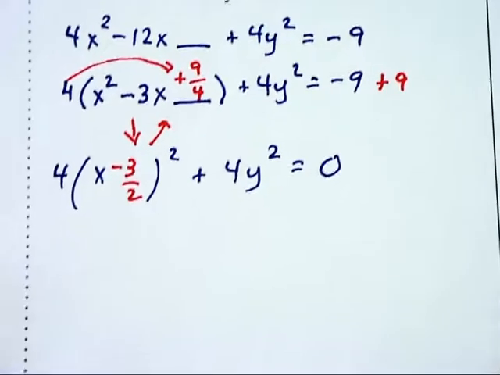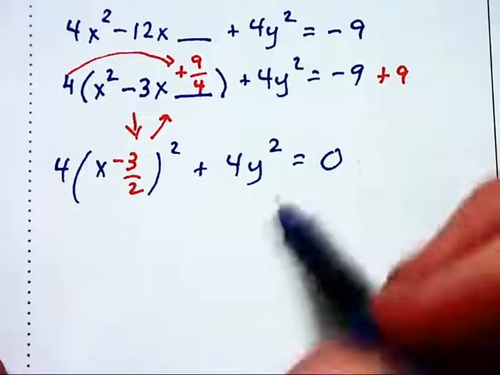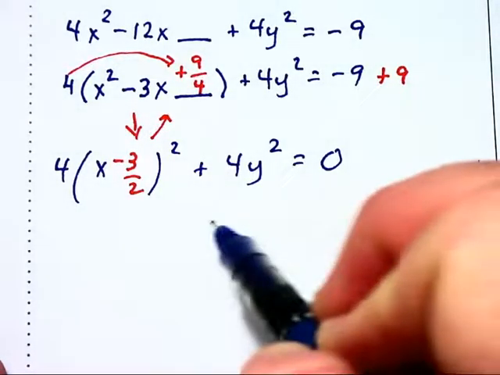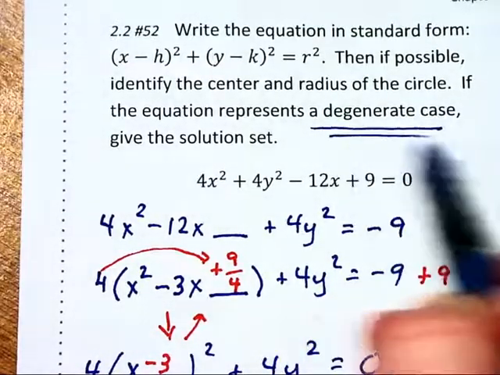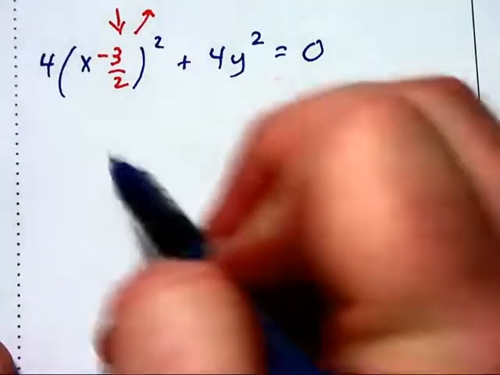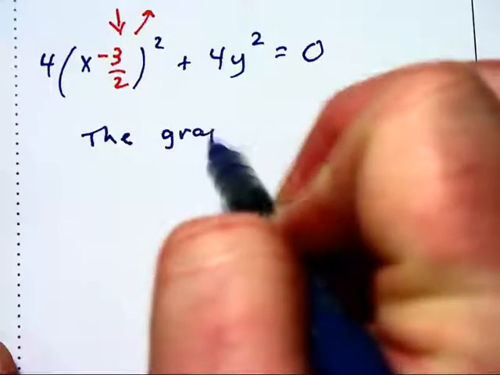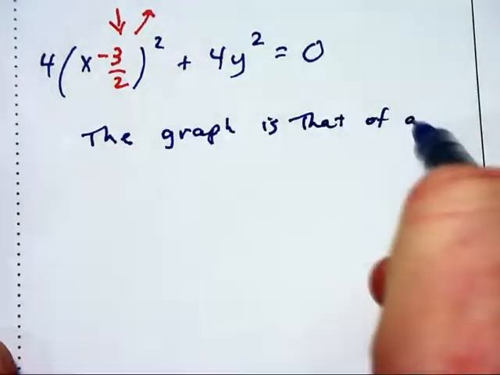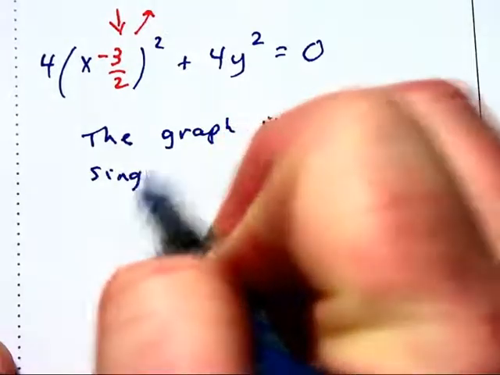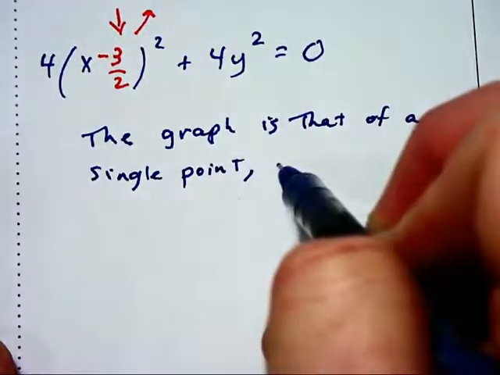Now we've got a problem with that equals 0 because there is no radius, and this is the degenerate case that we talked about up here in the directions. And so the graph is that of a single point, and that single point is the center.